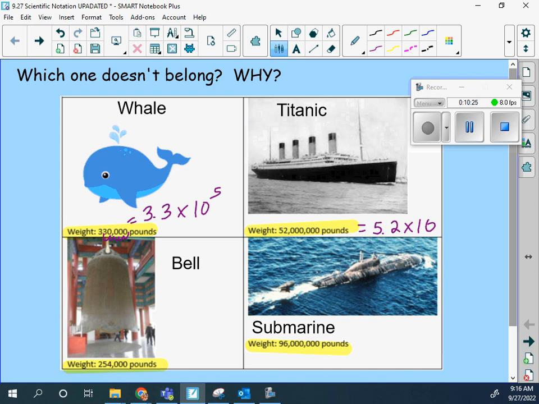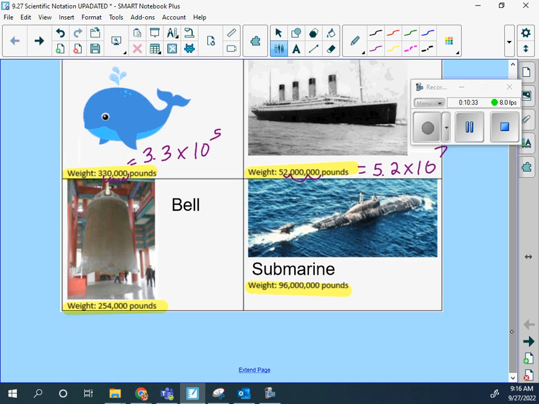Y'all see shortcuts? 3, 6, 7. Y'all see that? Good. And then what about the bell? 3, 4, 5. Be careful. And then this one would be 9.6 times 10 to the 3, 6, 7. Okay, we're good? All right.